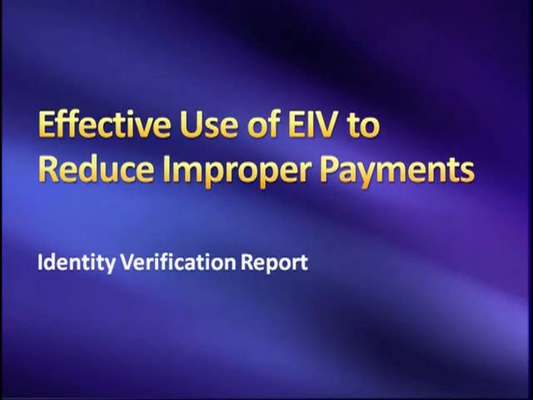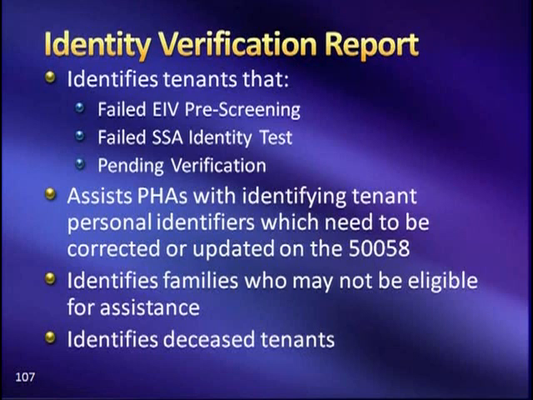Now I want to show you a report that's going to help you to identify tenants who have failed the EIV pre-screening process, failed the SSA identity test process, or are pending verification. And this report is going to assist you to identify individuals who may not have presented a valid Social Security number, or it may identify some administrative errors that you have made on your 50058.